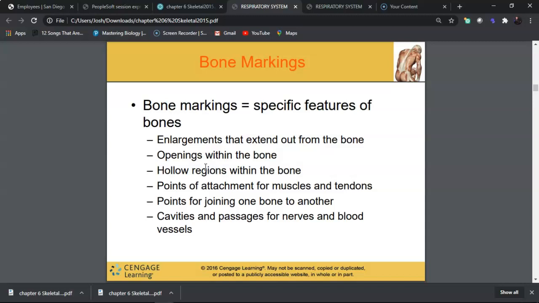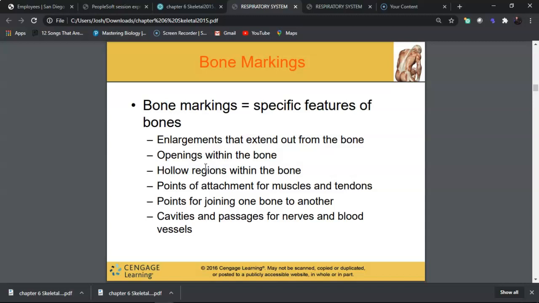There's small holes and depressions that are areas for nerves, and so those markings are important because they can actually help identify an area of the bone. And if you have an area that there's a depression or a marking, that can give you an idea of what important structures in that area.